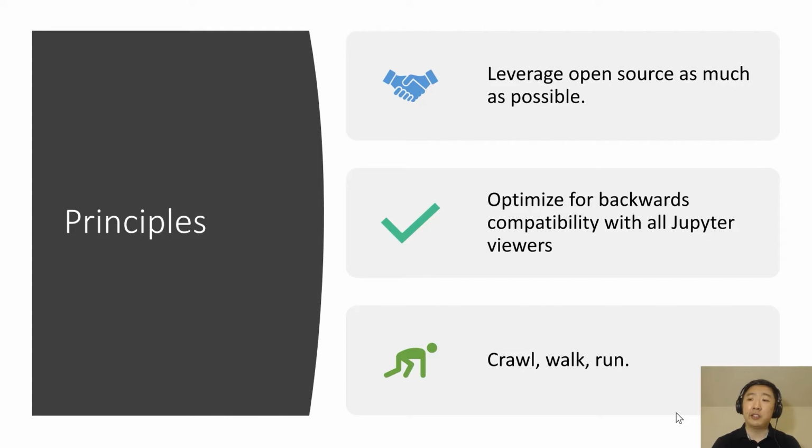And as we embarked on this journey, we needed to set some principles so that we weren't reinventing the wheel all the time. This included leveraging open source as much as possible and working with the open source community if something was really missing. We also wanted to optimize for backwards compatibility with existing Jupyter viewers, of which there are many out there in the community.